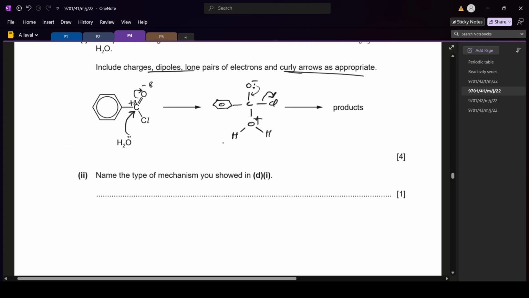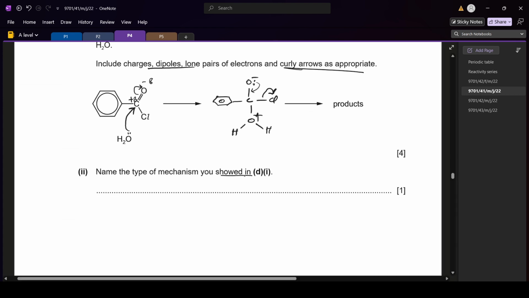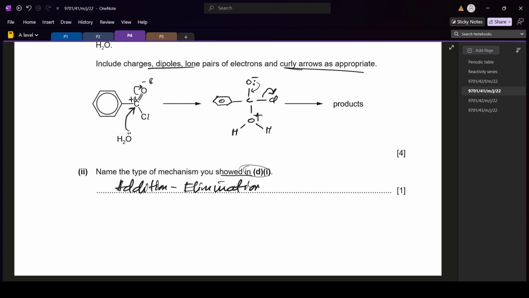Then the type of mechanism you showed in D1. So what type of mechanism is this? This is addition elimination, because you can see that in the first step this water is added to this benzoyl chloride.